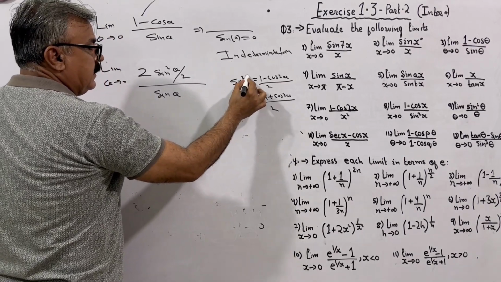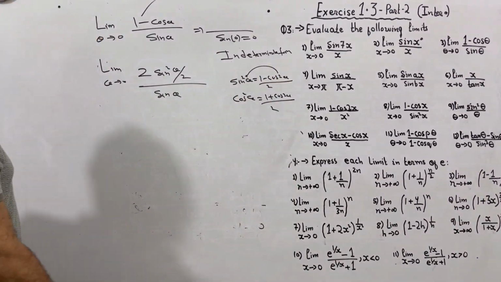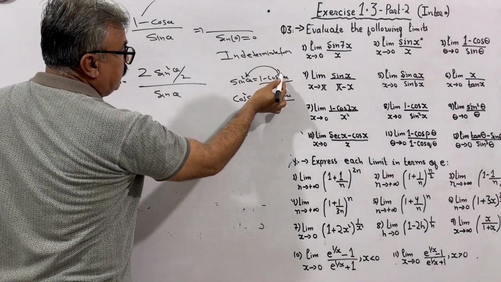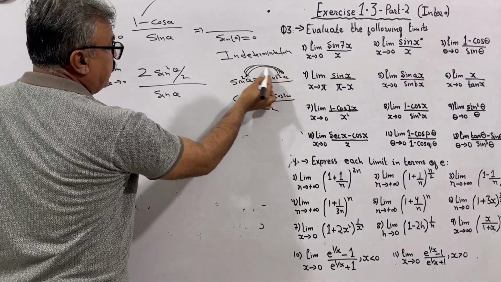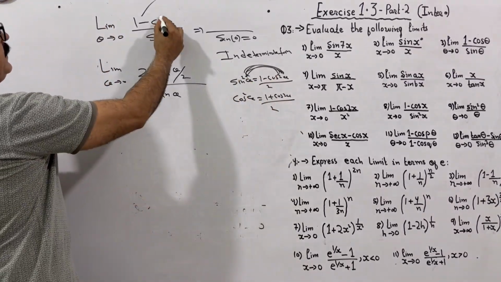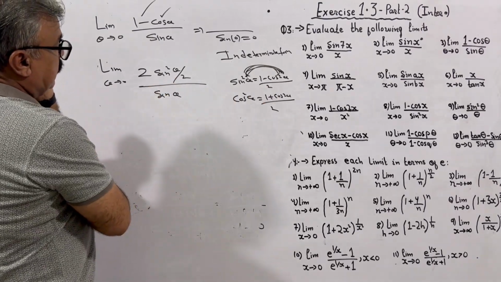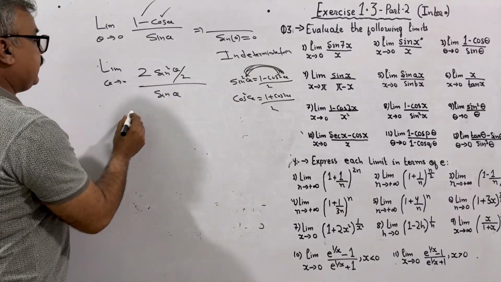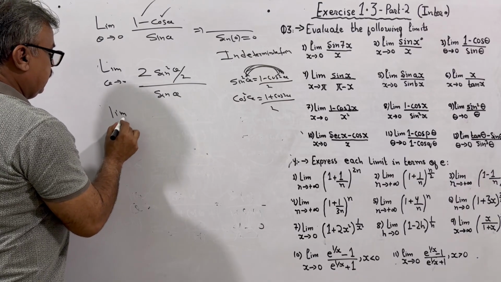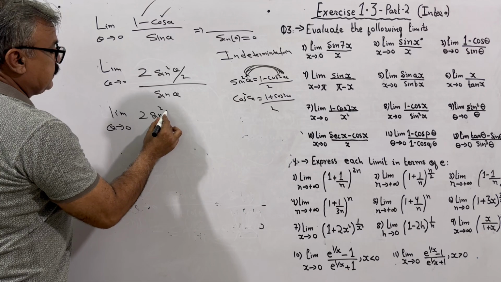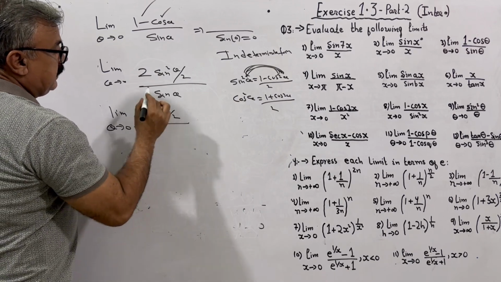Look at this: their angle is double, so we are coming back from double to half. We have only theta, and half of theta is theta over 2. Then limit theta tends to 0 of 2 sin square theta over 2 divided by sin theta.